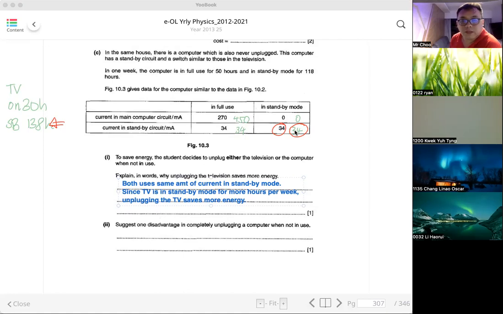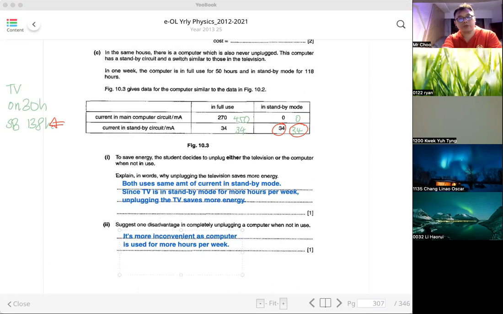Okay, can all of you give me a disadvantage in completely unplugging a computer when not in use? One reason is it's more inconvenient as the computer is used for more hours per week.